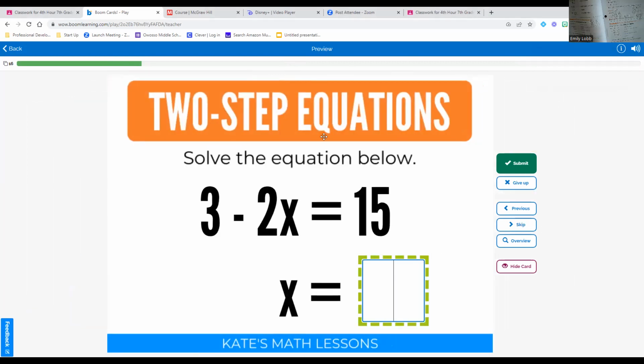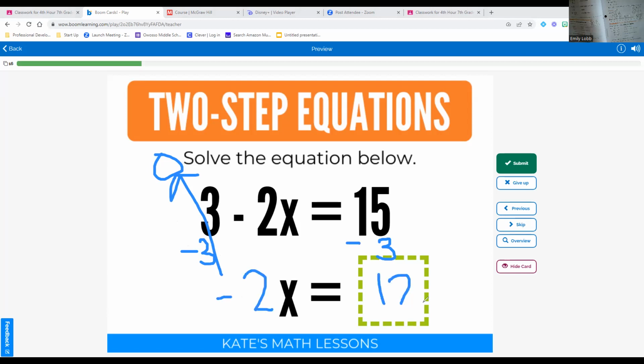Just because it's in a different order, don't get freaked out. I'm still wanting to get rid of my constant first. So do I have to add or subtract to get rid of that 3? I would have to subtract, right? Because 3 minus 3, that would become 0. Whatever I do to the left side, I have to do to the right. So now I have -2x equals 12, right?